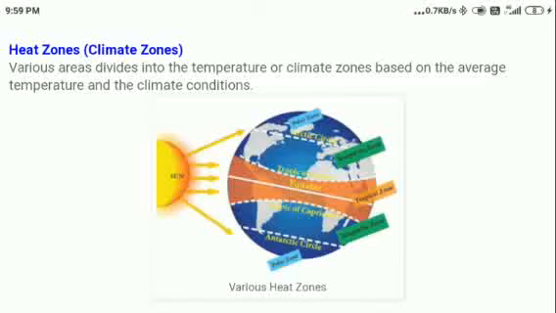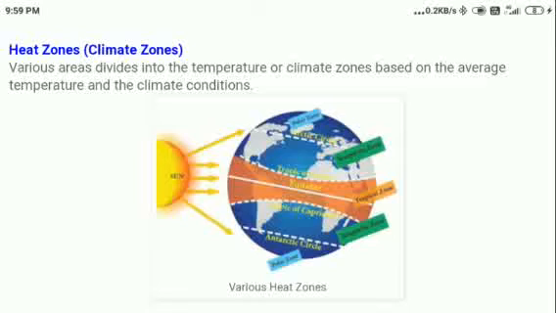This is the picture showing that. As you are aware, the Earth is a little tilted with the angle of obliquity. Because of that tilt, only the equator area, or the area between the tropics, gets maximum or direct heat most of the time of the year.